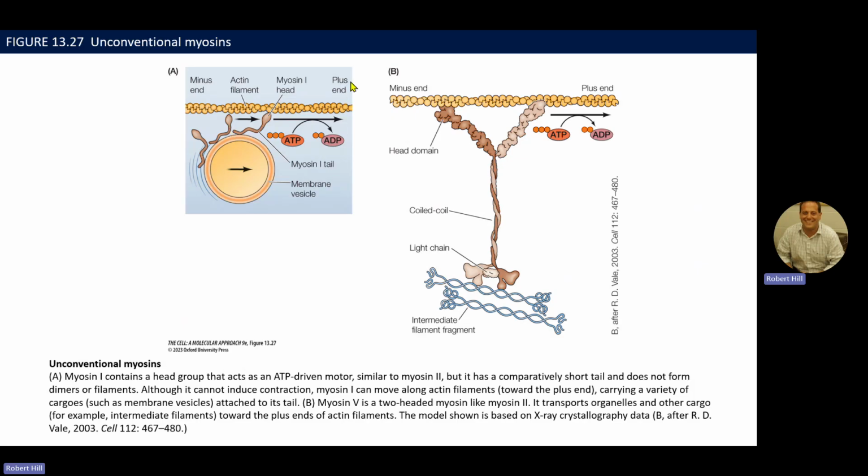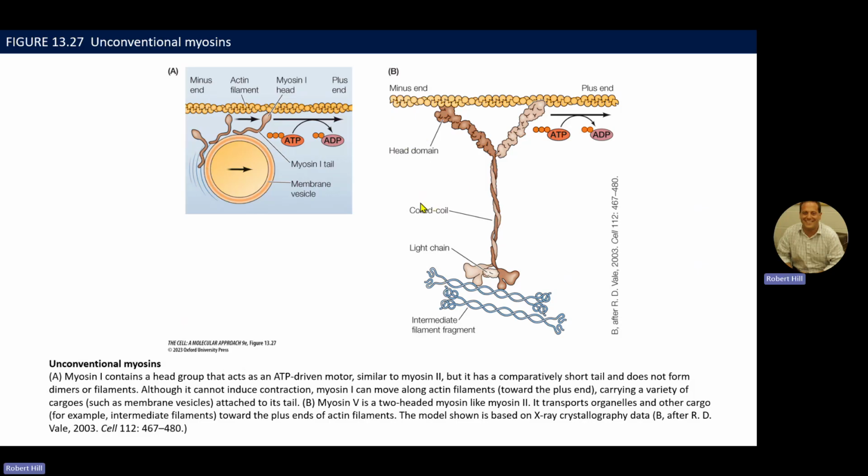Okay, and it's carrying membrane-bound cargo like vesicles, right? And that's because it lacks the long tail that's needed for filament formation. Myosin 1 does not generate contraction, but instead it mediates membrane trafficking.